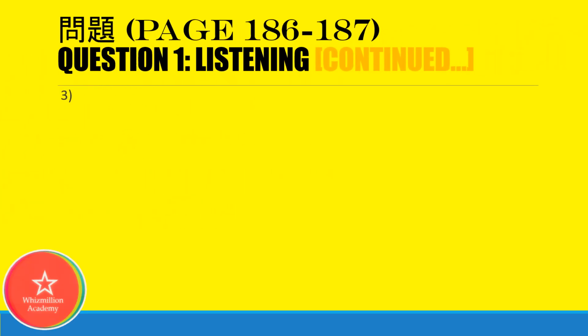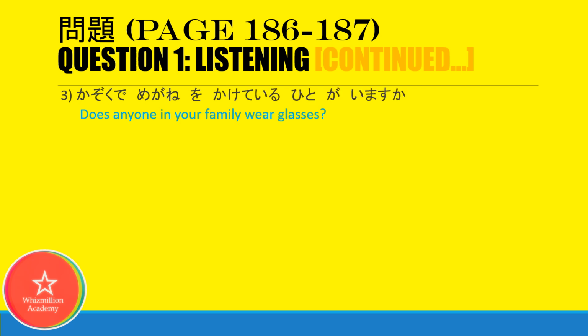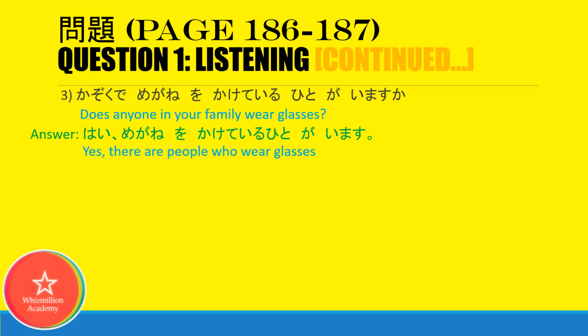Well, for question number 3, 家族でメガネをかけている人がいますか? Does anyone in your family wear glasses? There are 2 possible answers, yes or no. This is a possible answer that you can use. はい、メガネをかけている人がいます。Yes, there are people who wear glasses in my family.